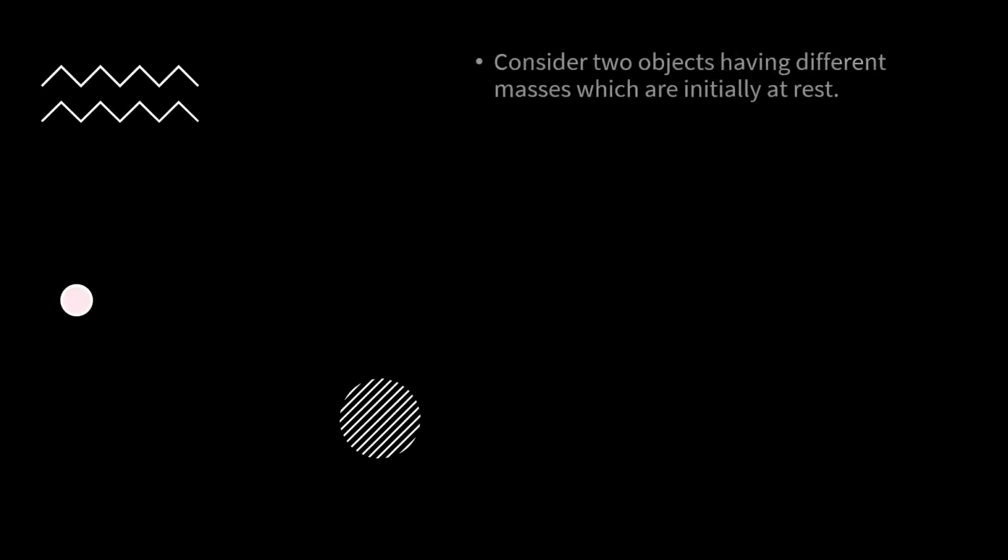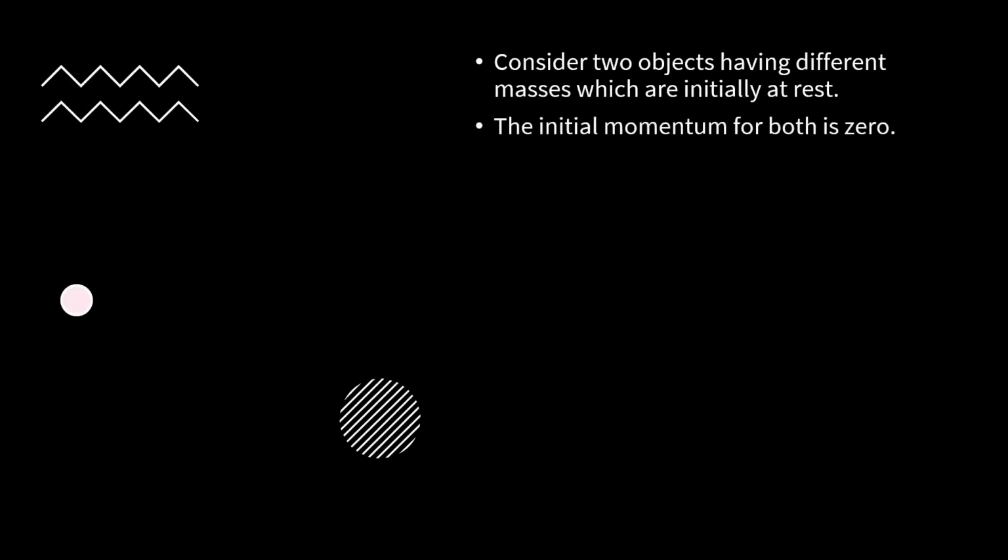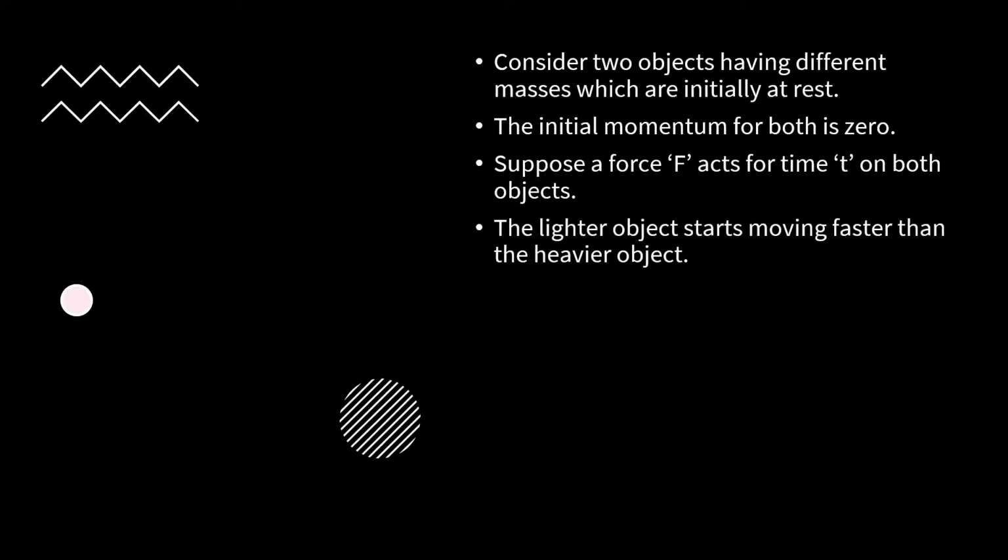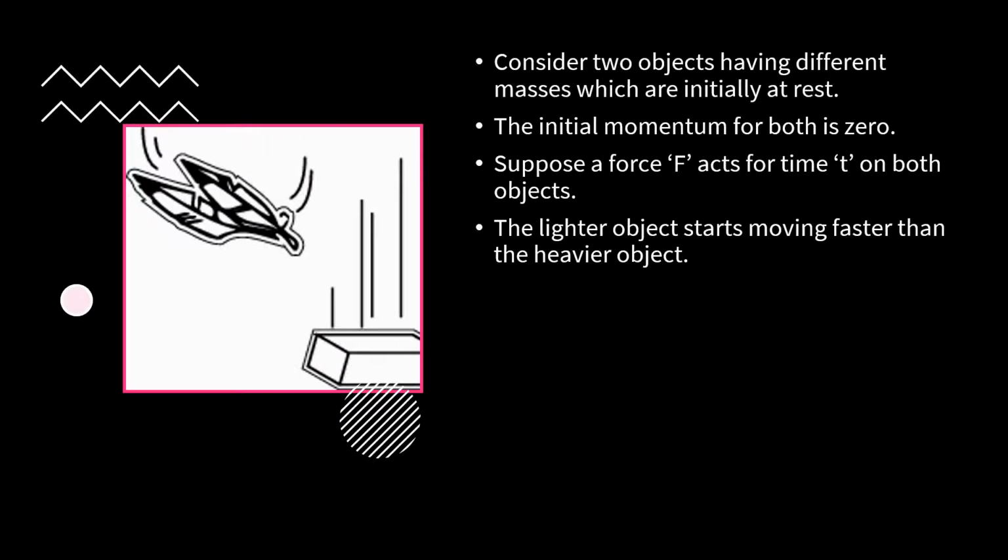Children, let us consider two objects having different masses which are initially at rest. So the initial momentum will be 0 for both the cases. Take for example, a force F acts for time t on both the objects. The lighter object starts moving faster than the heavier object. We know that very well.